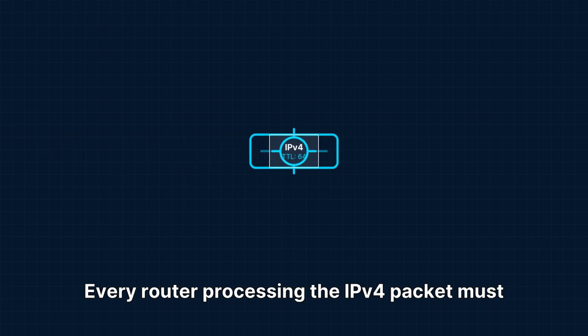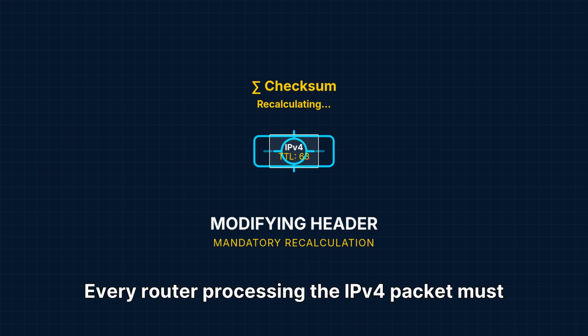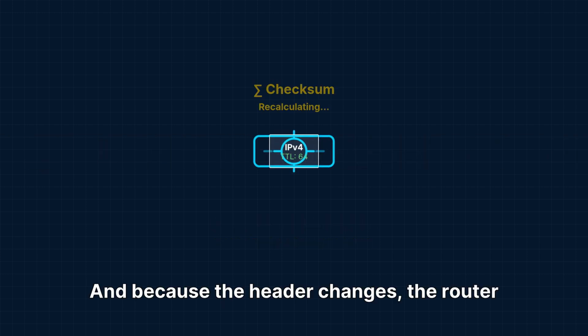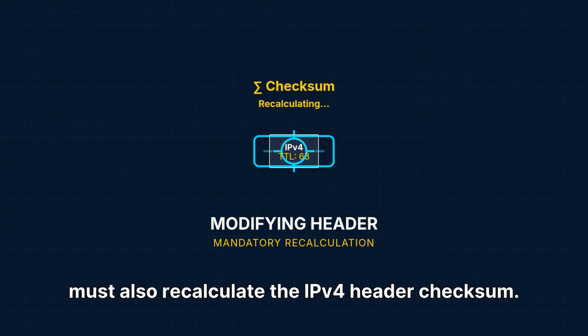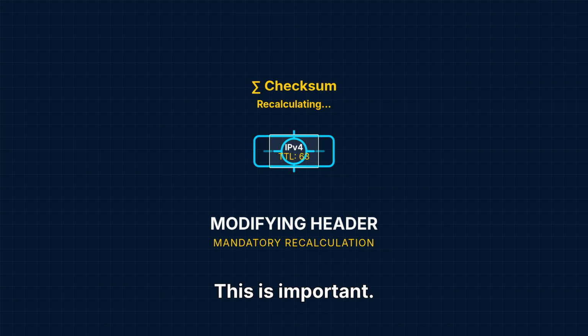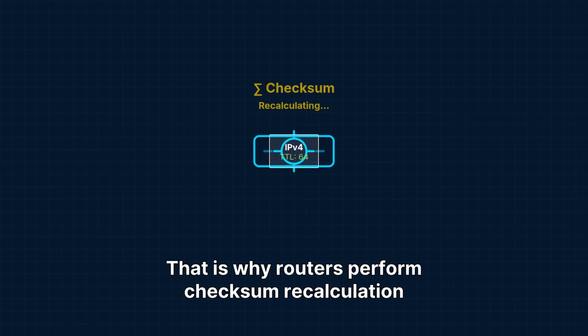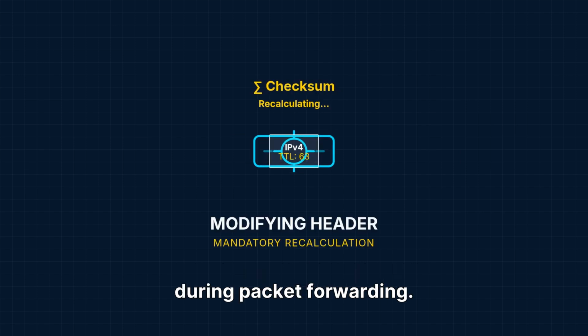Every router processing the IPv4 packet must update the TTL field. And because the header changes, the router must also recalculate the IPv4 header checksum. This is important. Whenever TTL changes, checksum changes too. That is why routers perform checksum recalculation during packet forwarding.